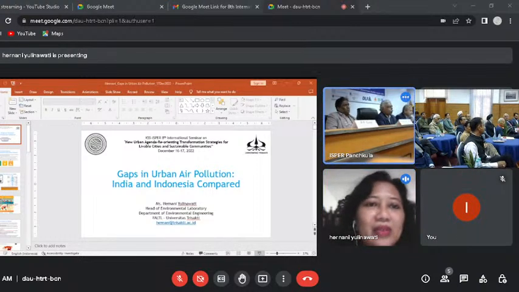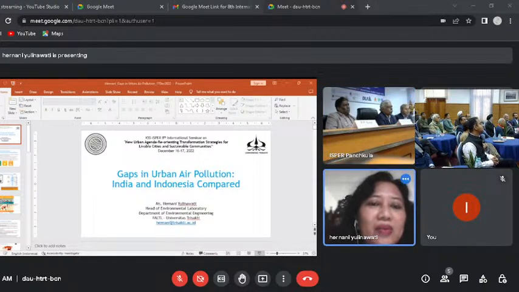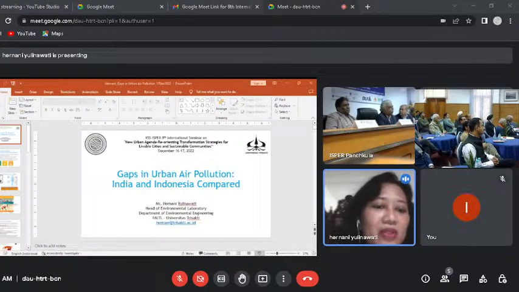Back to the indicators, one of the important indicators is PM 2.5, which is particulate matter less than 2.5 micrometers, or microns, which we call fine particles. It causes lung disease, is related to respiratory illness, and may cause cancer. The size of the particle is what we usually use as the urban air pollution indicator.